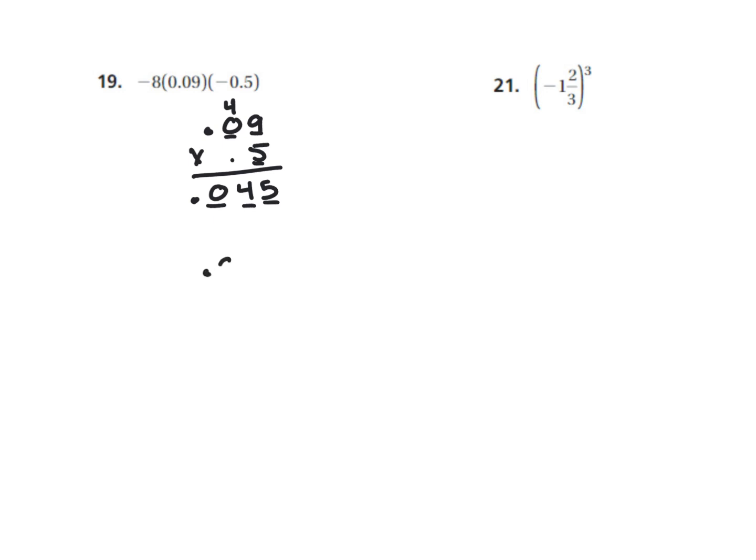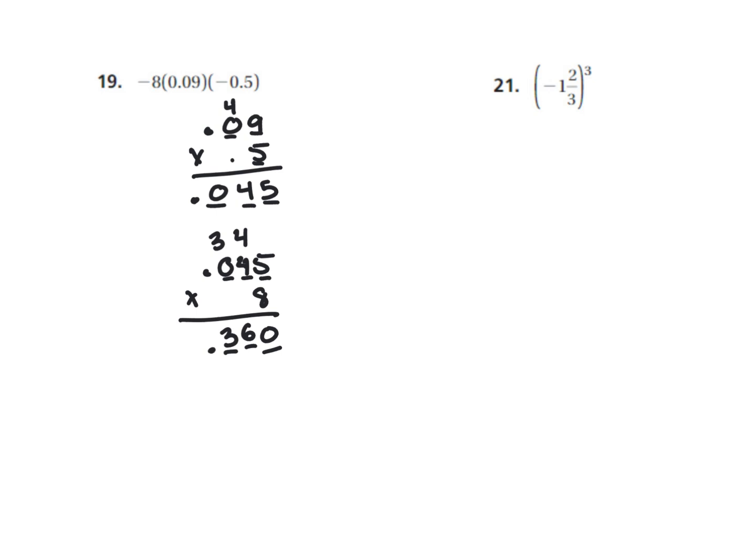And then we're going to take 0.045 and we're going to multiply that times 8. So 8 times 5 is 40. 8 times 4 is 32, and 4 more is 36. And 8 times 0 is 0, plus 3 is 3. We had 3 digits after the decimal, so we need 3 digits after our decimal here.